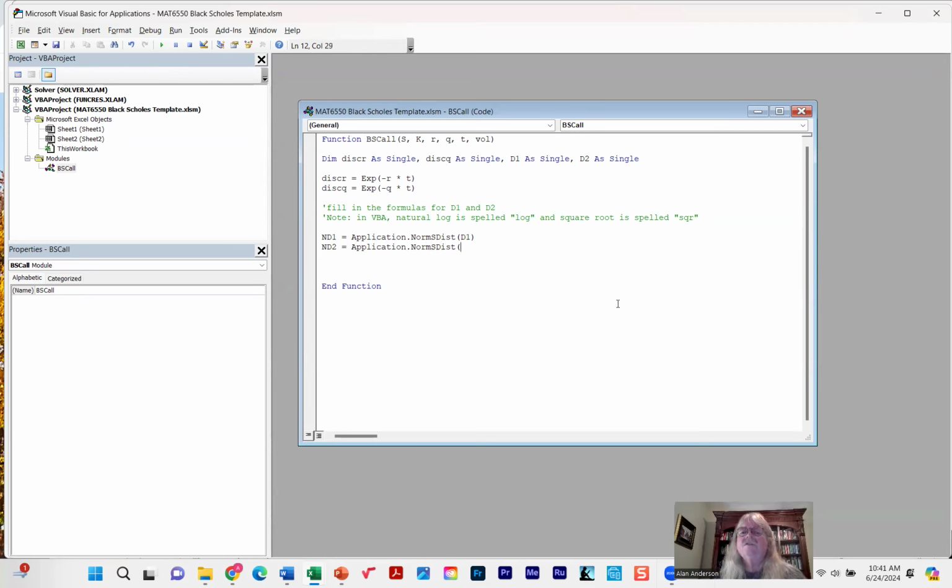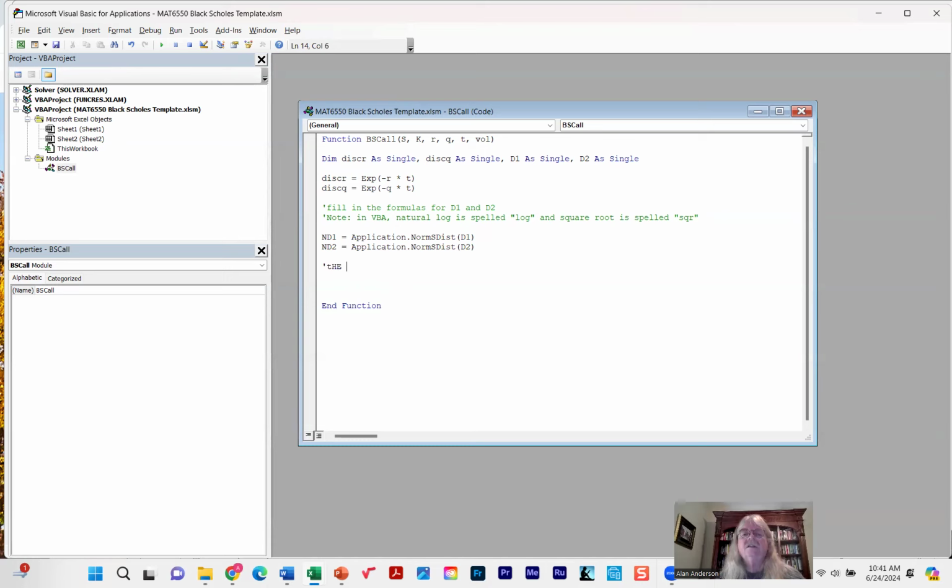By the way, you don't have to worry so much about the case. It will help you with that. It'll fix it if you do something wrong with the case. Okay. And then, this is really important.